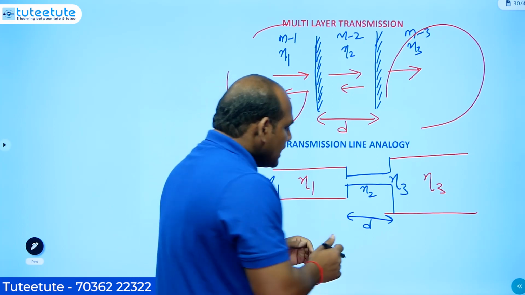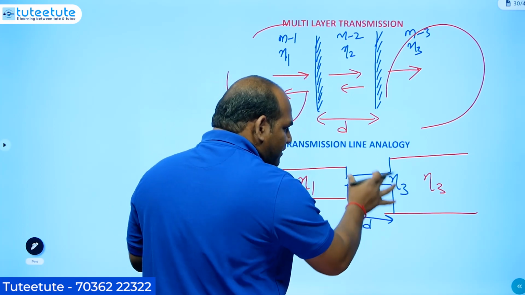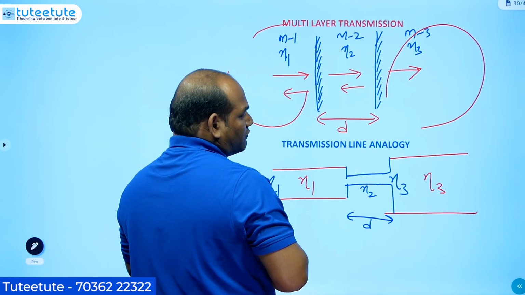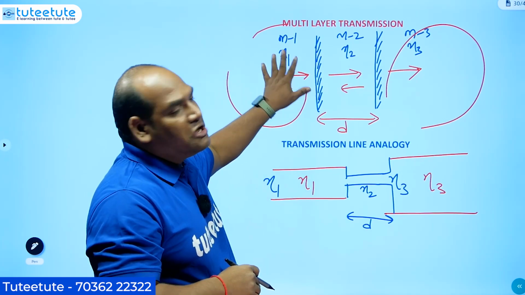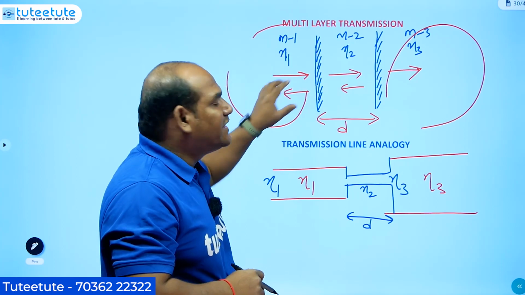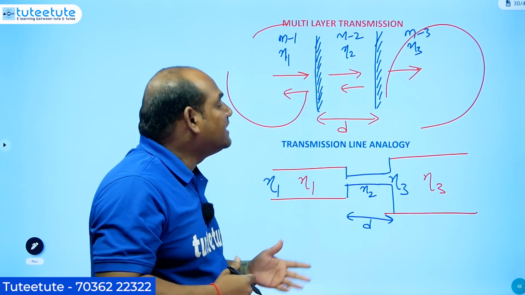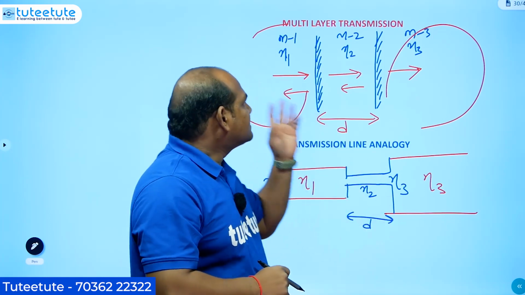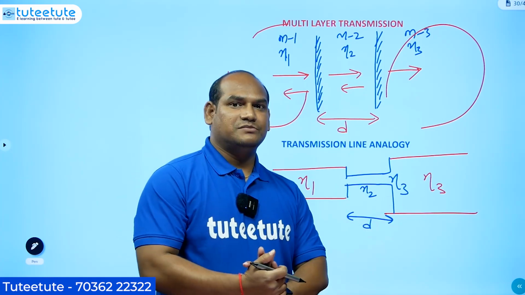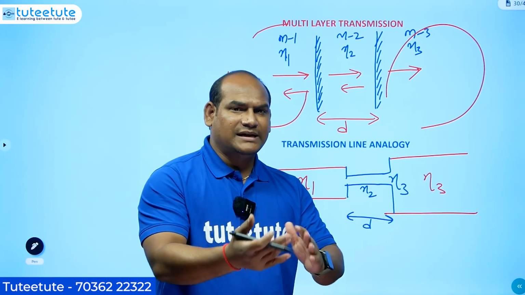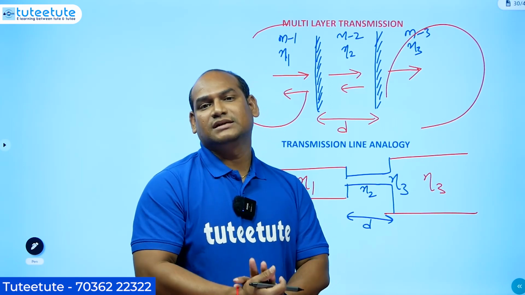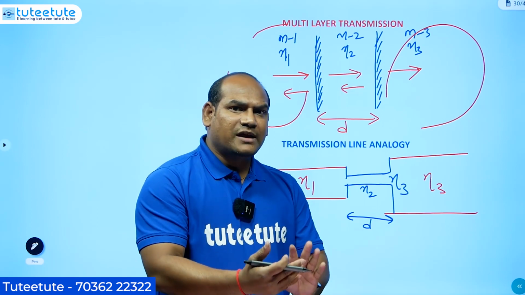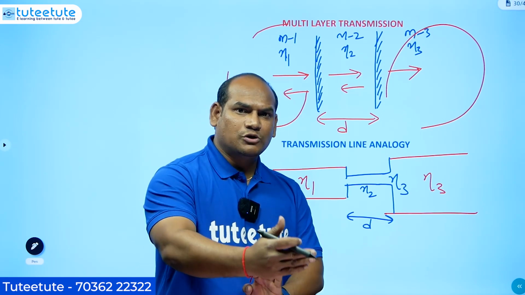And we need to analyze this for not having reflections in medium 1. We should not have reflections in medium 1. For that purpose, can we get any condition for these three media? That is what we need to see. So we are studying the multi-layer system, and in our concept we have three media, two boundaries, and three media impedances given by eta 1, eta 2, eta 3.